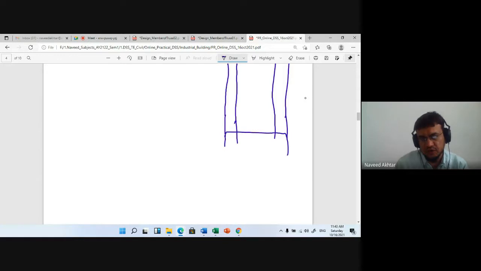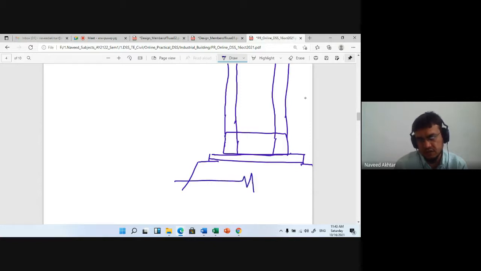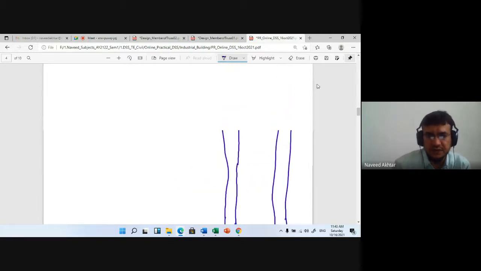This one is the column base. And then your column will rest on the foundation.